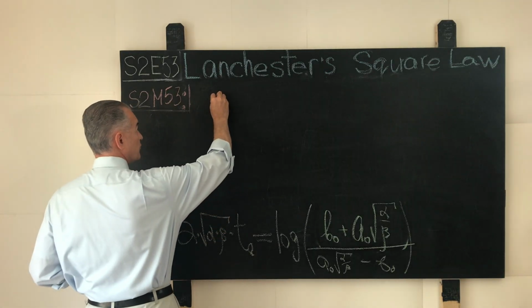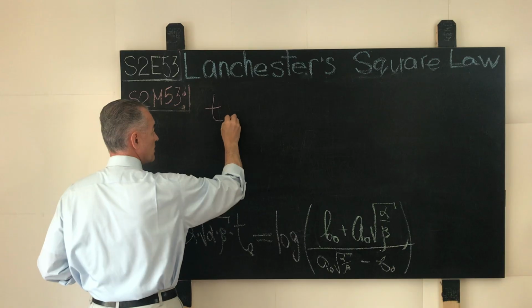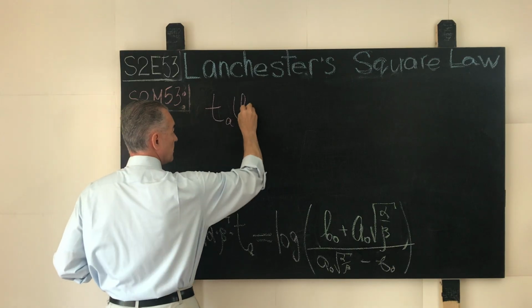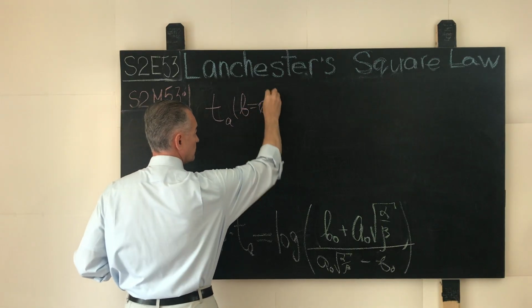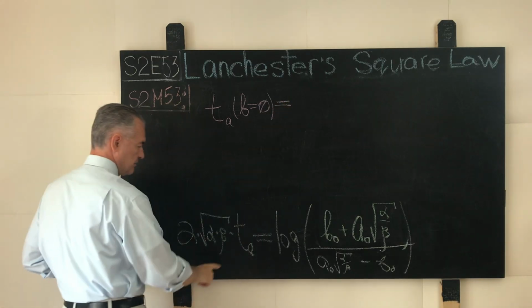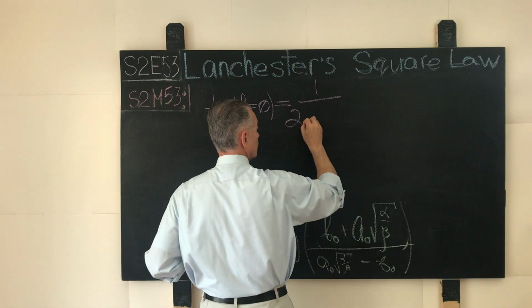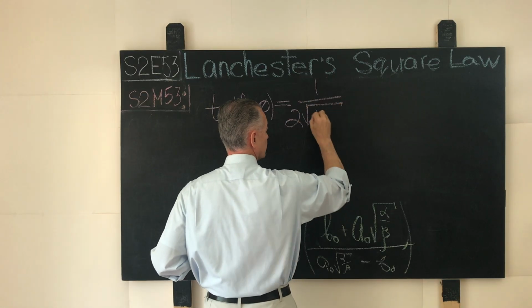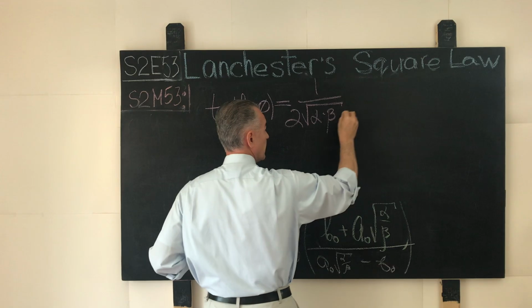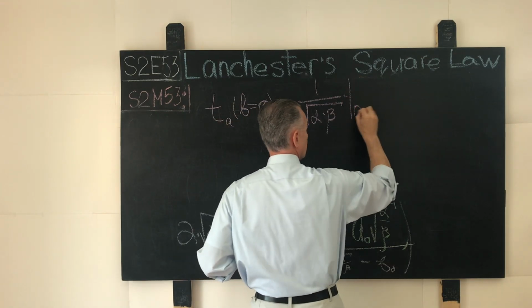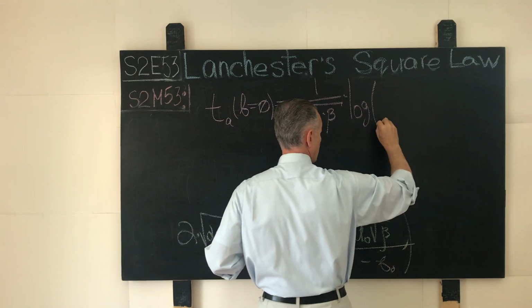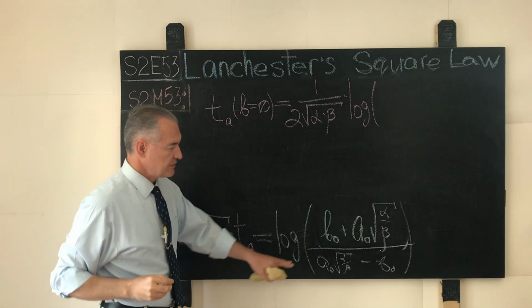So the answer for the annihilation time when the army B gets completely wiped out is given by 1 over 2 square roots of alpha times beta times the natural logarithm of what? Let us carefully write it down.